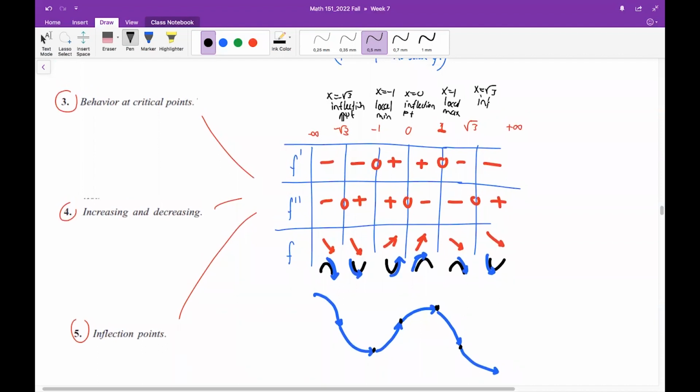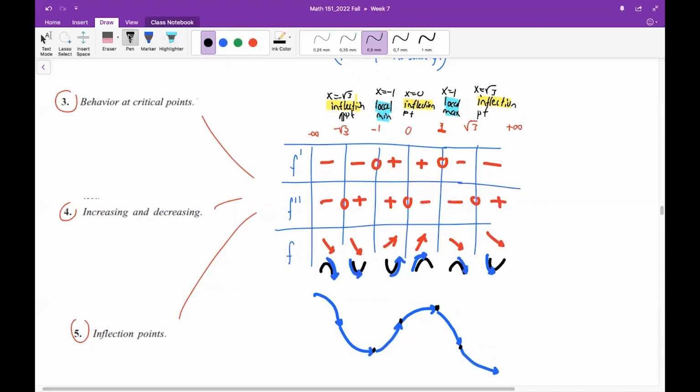That's why this point is a very nice inflection point, okay? So we have inflection point at x equals square root 3, 0, and minus square root 3 and plus square root 3, and we have local min, local max at x equals minus 1 and x equals plus 1.